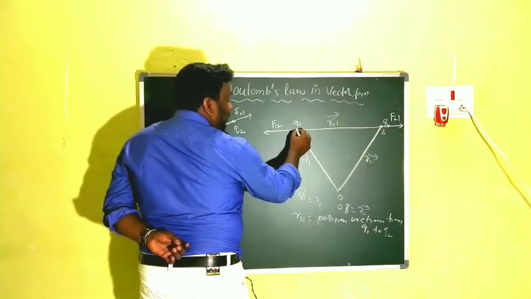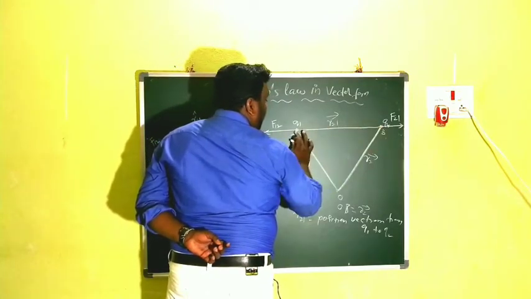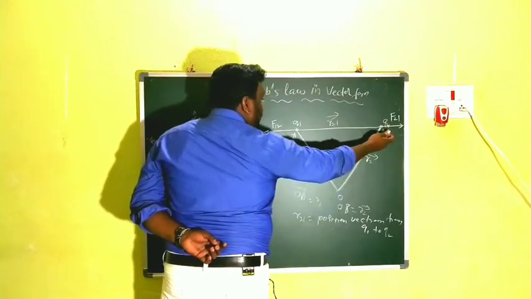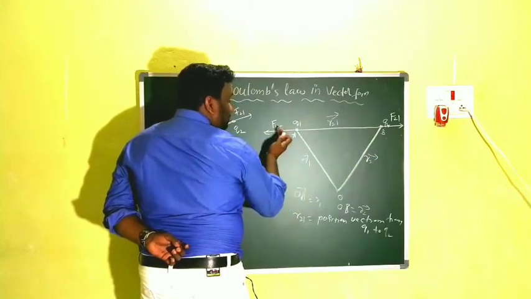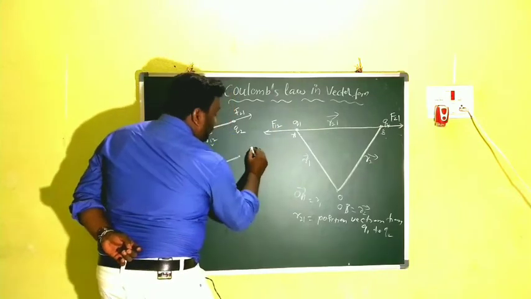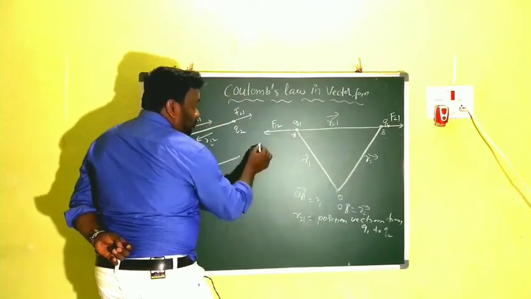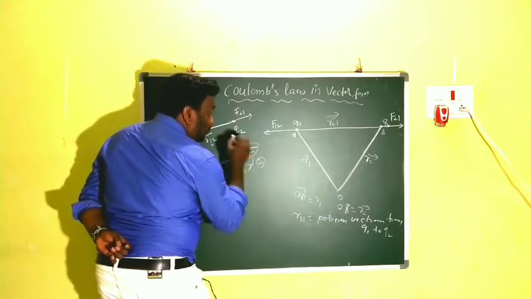And now here F12 and F21. Here charge Q1 is there, charge Q2 is there. When we have these two charges, Q2 can apply a force on Q1. That is F12, the force acting on the first charge by Q2.